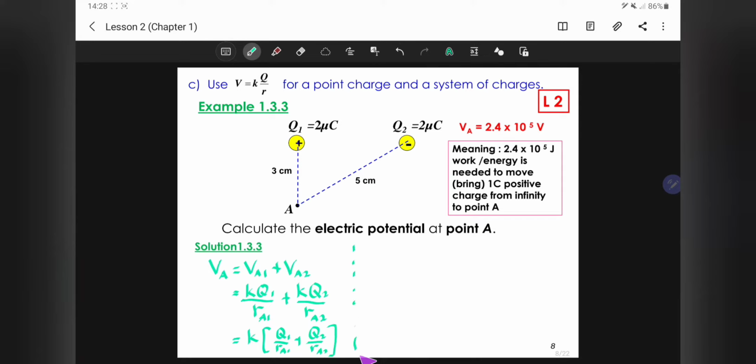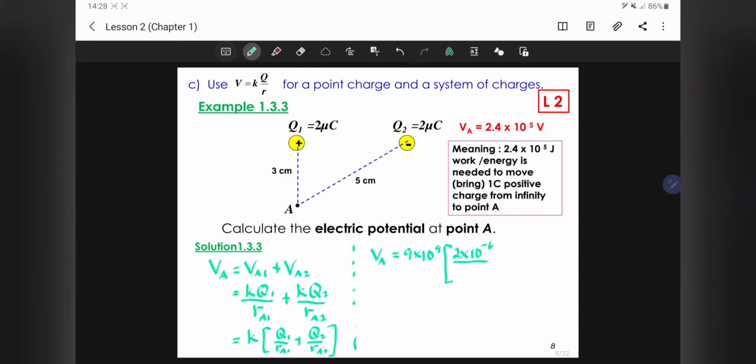Remember, k is just a constant, which equals 9 times 10 to the power of 9. So VA equals 9 times 10 to the power of 9 multiplied by Q1. Q1 is 2 micro, which is 2 times 10 to the power of negative 6, and then divide by RA1. RA1 is 3 centimeters.